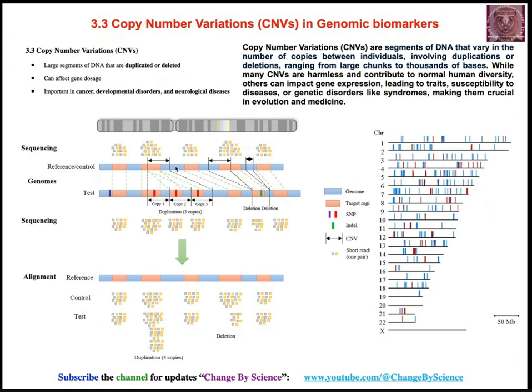So this is how you can go. For example, here is the genome, then target region, then SNPs, then copy number variations, which are generally quite bigger. So here you can see these are the copy numbers. And then short reads, for example, one pair, then you can go for detailed mapping for all the chromosomes. This is one of the chromosomes, but you can check all the chromosomes in that particular organism.